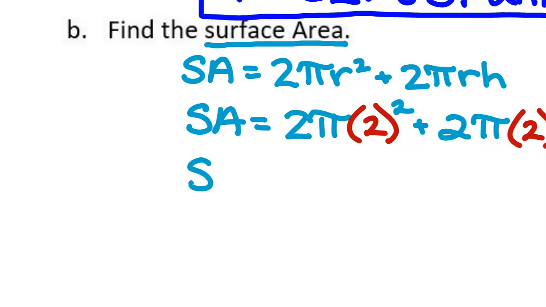So let's calculate each of those individually. First, let's do 2 pi times 2 squared. What do you get when you do 2 pi times 2 squared? 25.132.